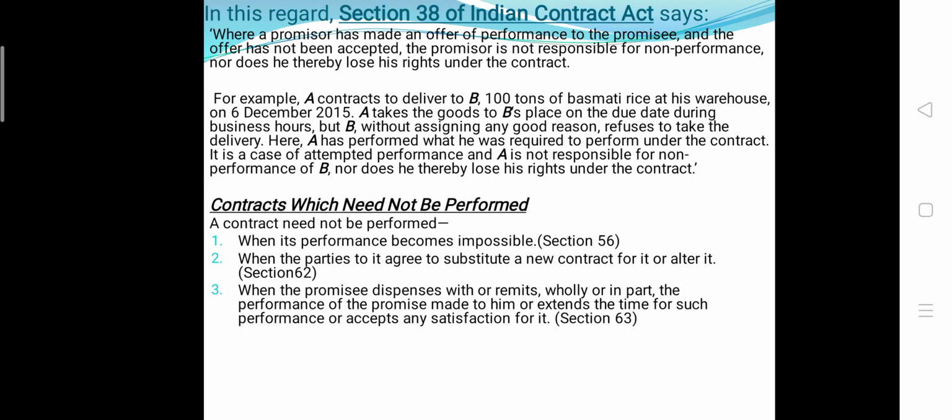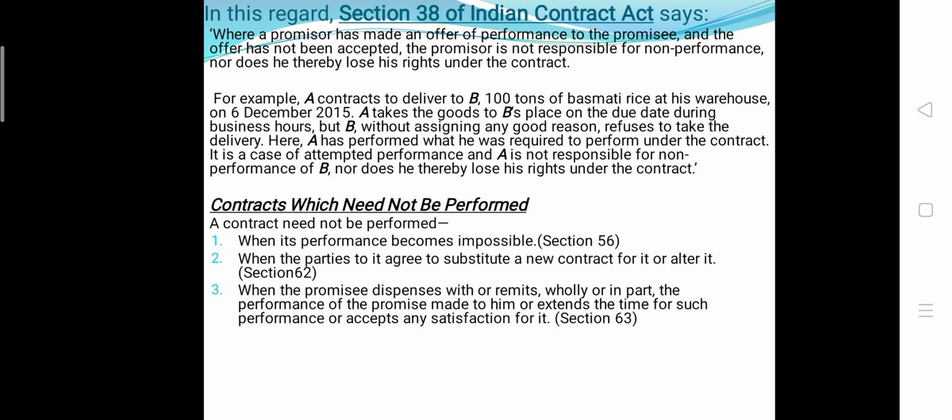For example, A contracts to deliver to B 100 tons of basmati rice at his warehouse on 6th December 2015. A takes the goods to B's place on the due date during business hours, but B, without assigning any good reason, refuses to take the delivery.